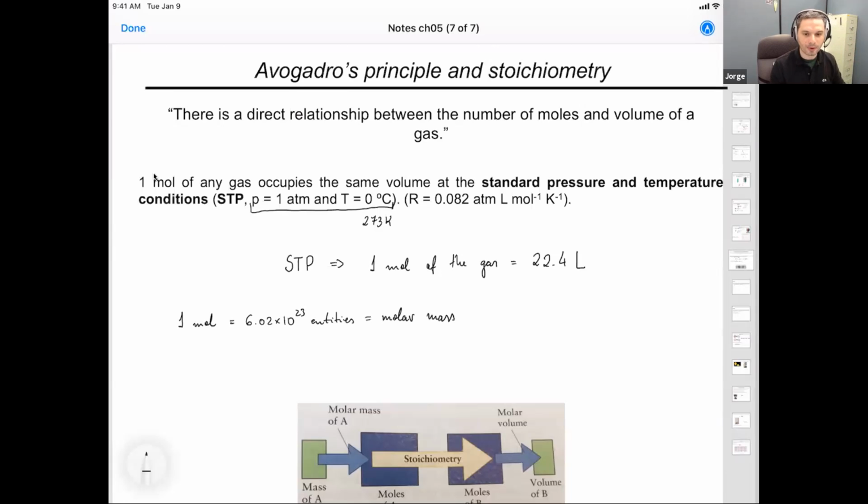And now, if we are talking about a gas under the standard pressure and temperature conditions, this gas will occupy 22.4 liters. Okay? And that is if the pressure is 1 atmosphere and the temperature 273 Kelvin. And remember, we can use any part of the conversion factor.